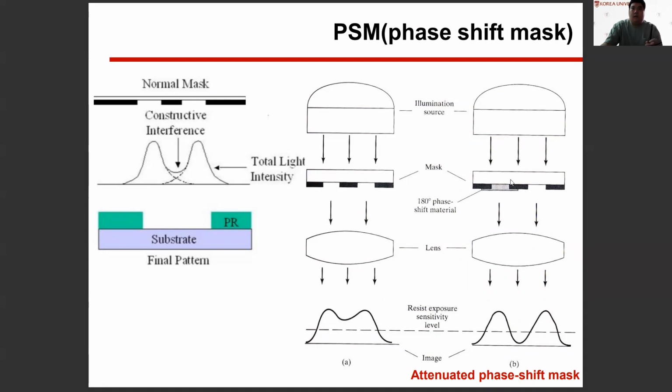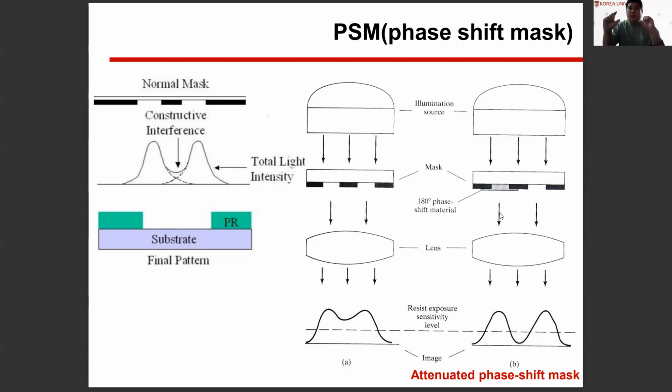So we put a material such that when the light goes through it, the distance the light travels changes the phase with which it exits the system.